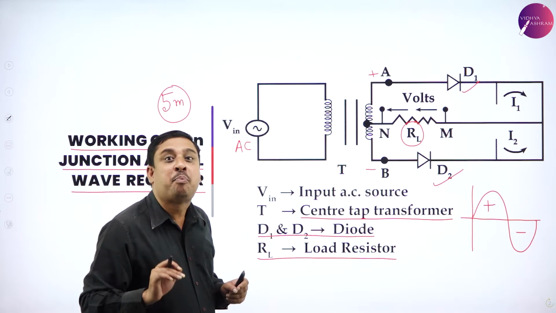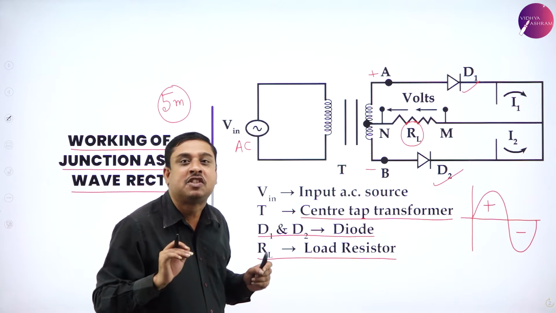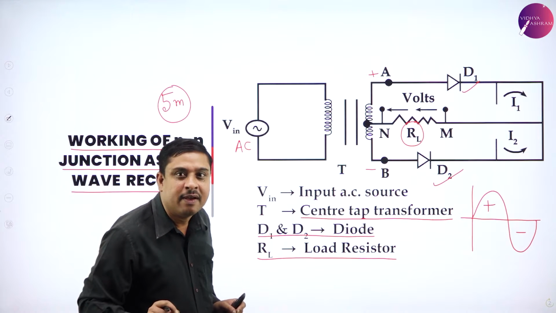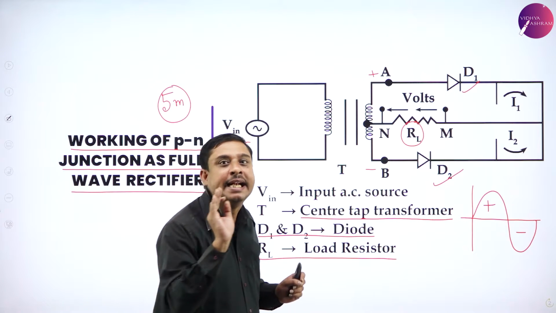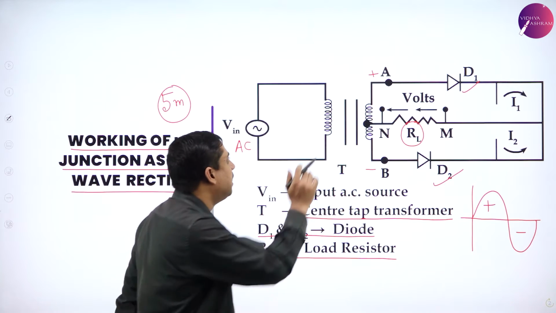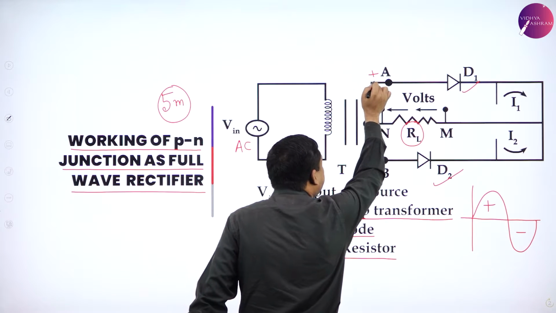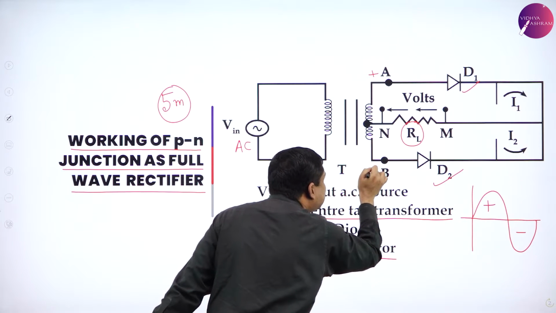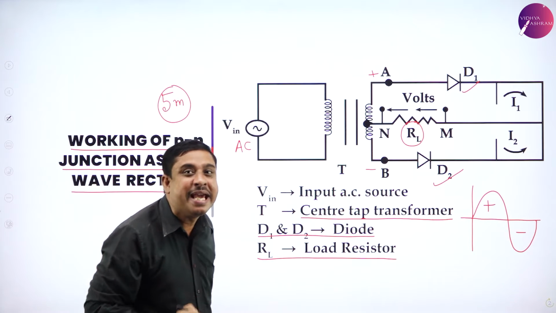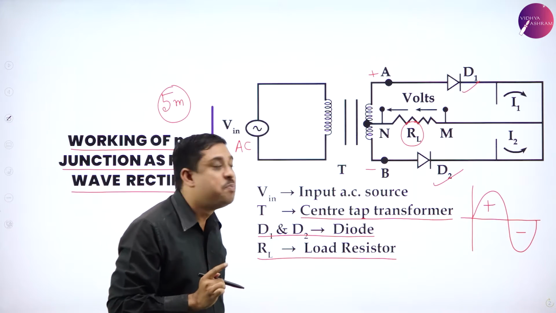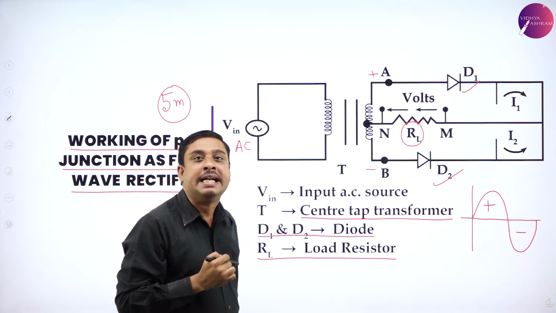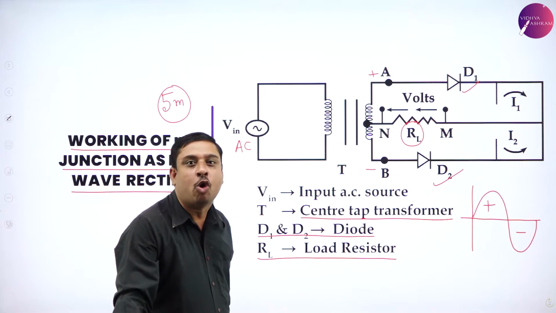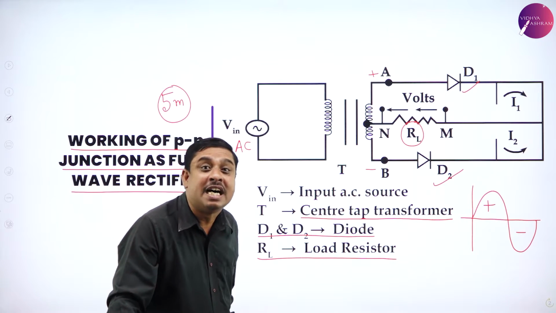During the positive half cycle of the input AC, when it is fed to the transformer, the point A becomes positive with respect to the point B. This makes the diode D1 forward biased and the diode D2 reverse biased.